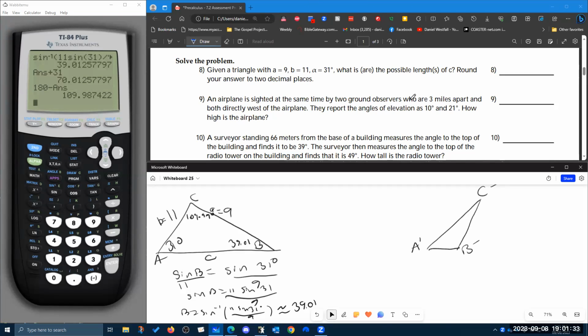We'll find side C now that we have angle C. So C over sine 109.99 is as A is to sine of A. C is 9 sine 109.99 over sine of 31.